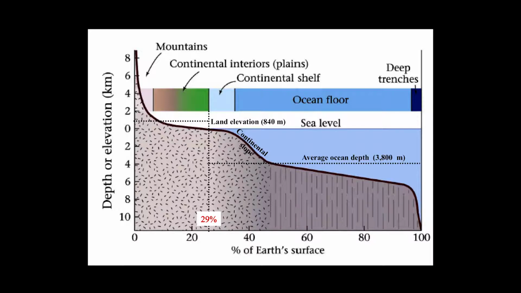This illustration also shows the Earth has 2 types of crust: continental and oceanic crust. Note that Earth's surface is not flat. It has topography. Ignoring oceans, Earth's surface is dominated by 2 distinct elevations. Most land is 0 to 2 kilometers above sea level, and most of the sea floor is 3 to 5 kilometers below sea level.